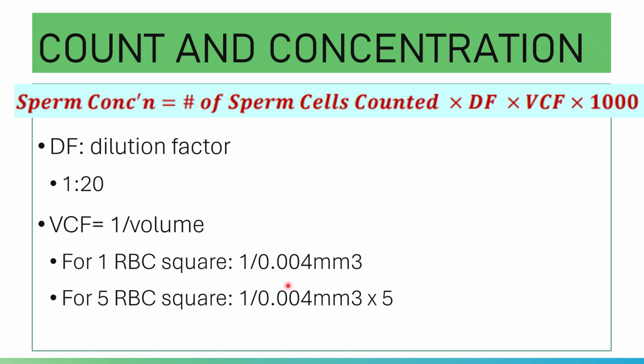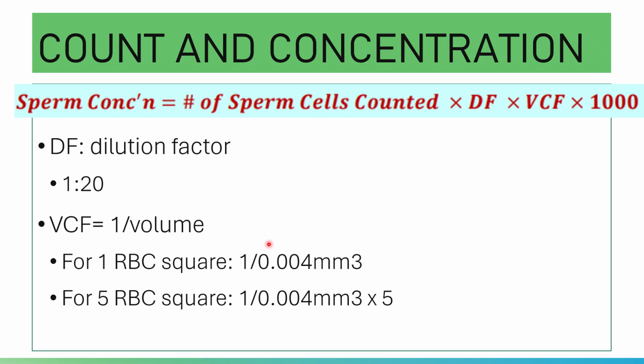For 5 RBC squares, you need to multiply: 1 divided by 0.004 cubic millimeters times 5, because you have 5 RBC squares.